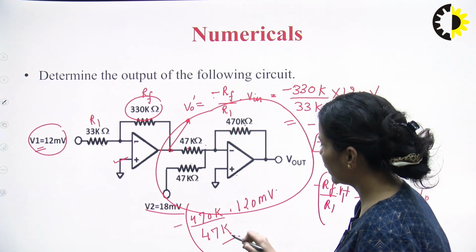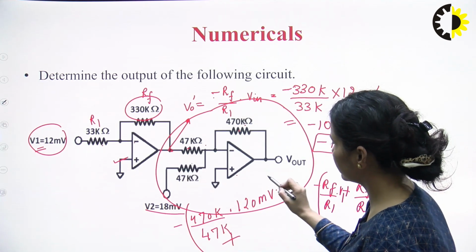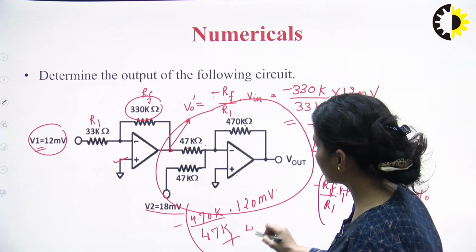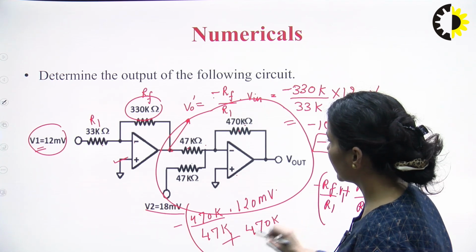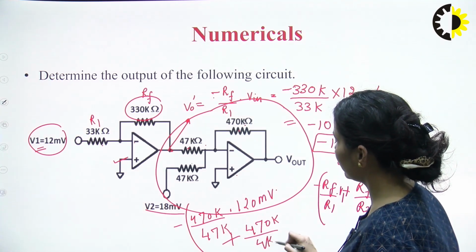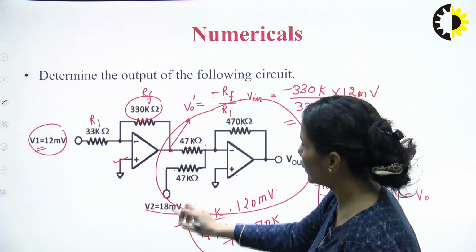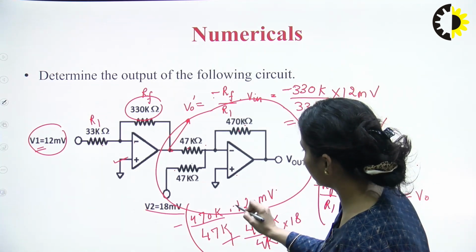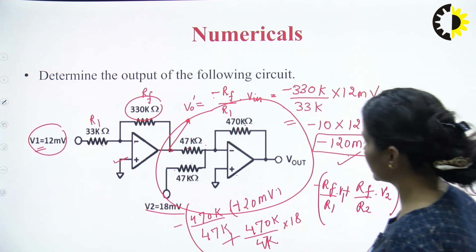Another is plus of again 470 K upon 47 K into 18 millivolts. This is minus of 120 millivolts.